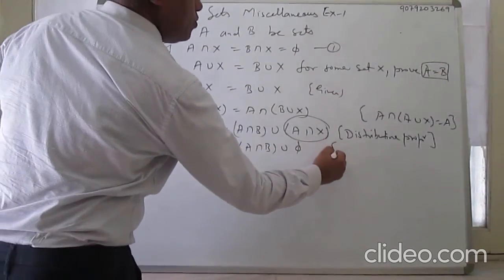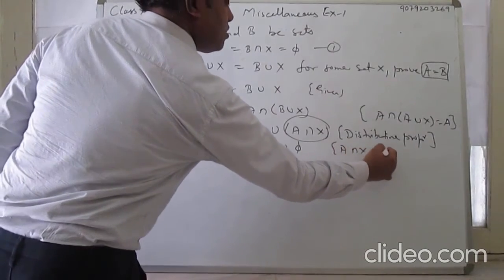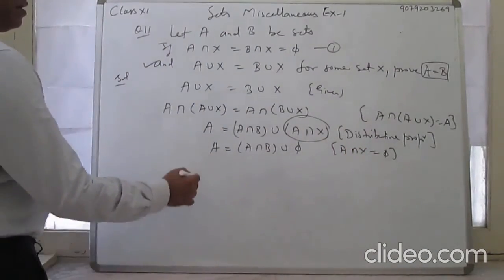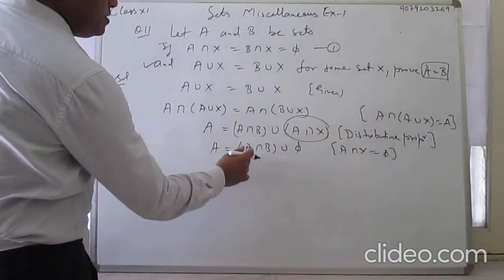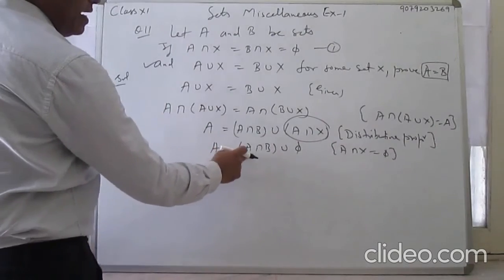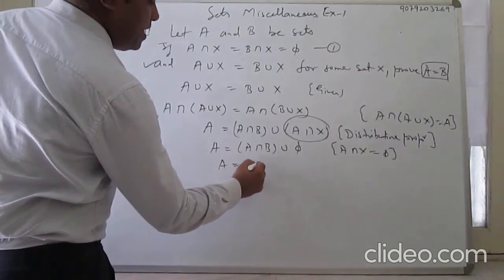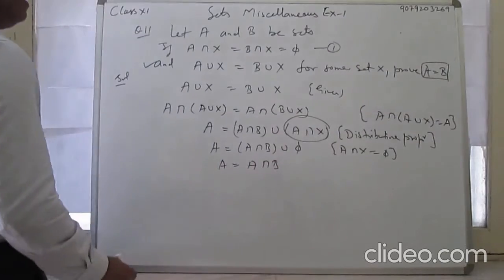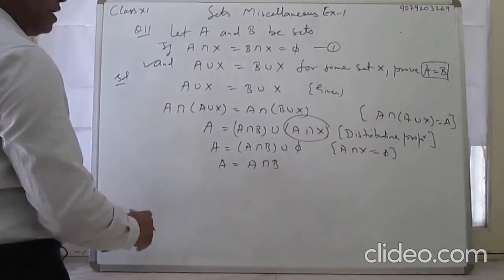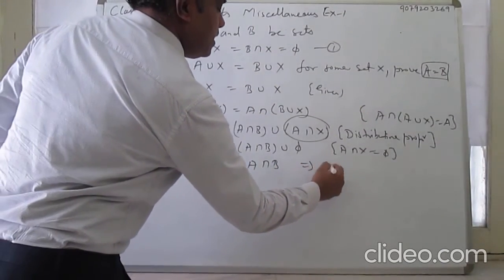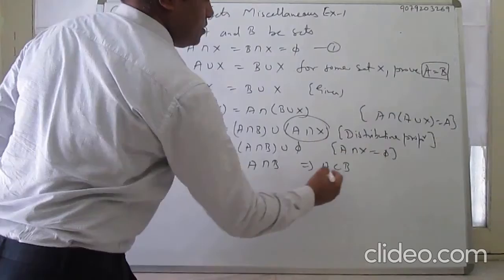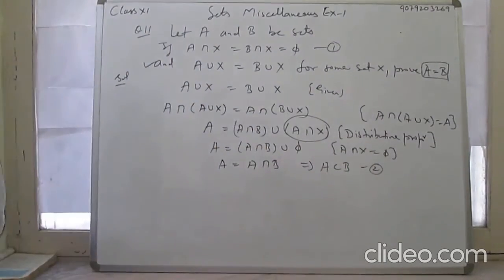This is given to you, A intersection X is equal to null set. Now what is the value of this? If we take the union of A intersection B with the null set, what will come? A intersection B will come. If A intersection B is equal to A, this implies A is a subset of B. This you give as second equation.